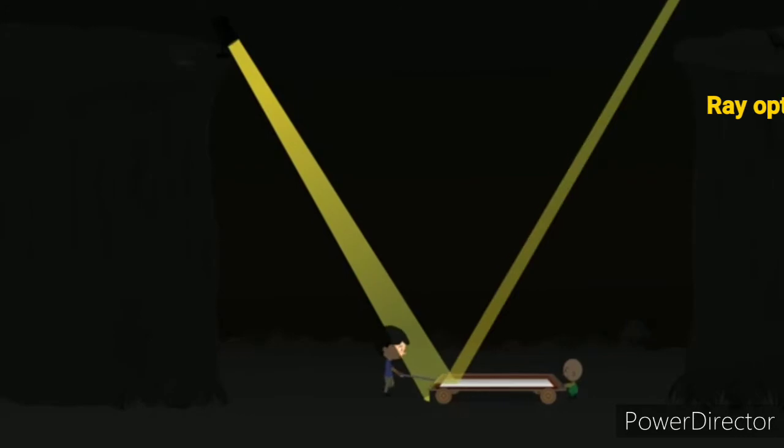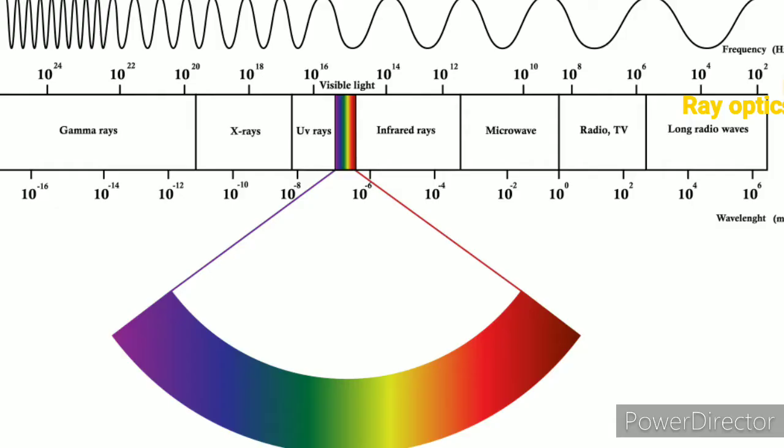Light is an electromagnetic wave, like gamma rays, X-rays, UV rays, microwaves, radio waves. Due to light, we are able to see each other.